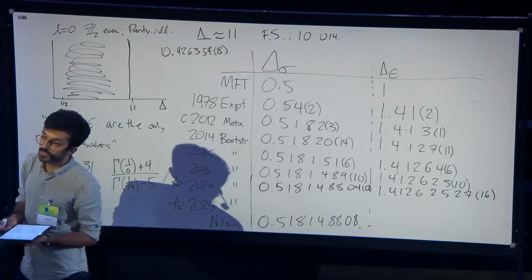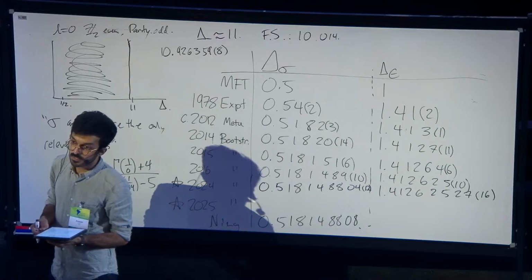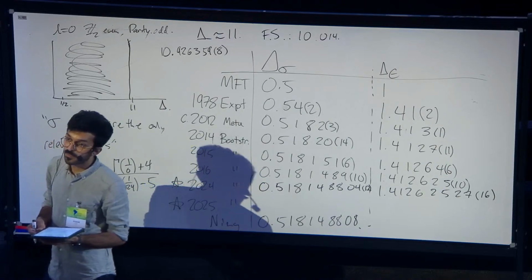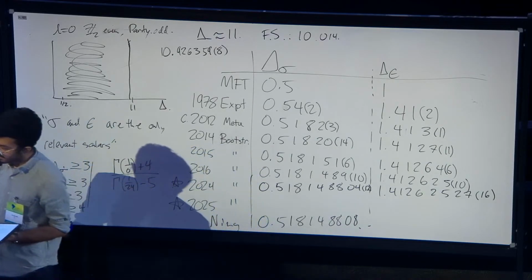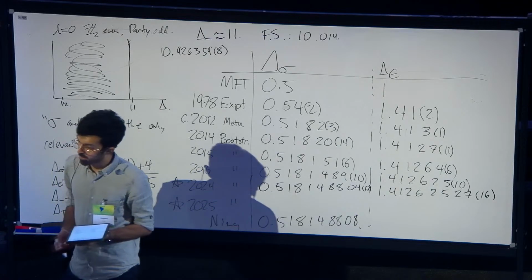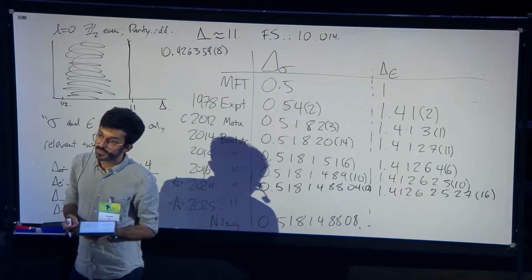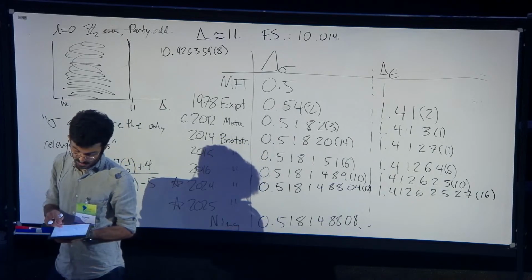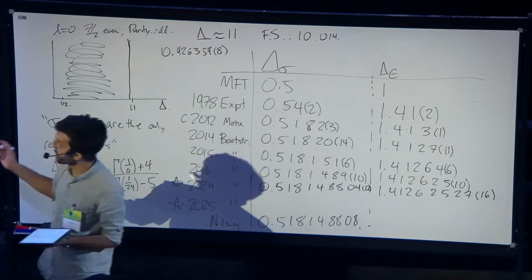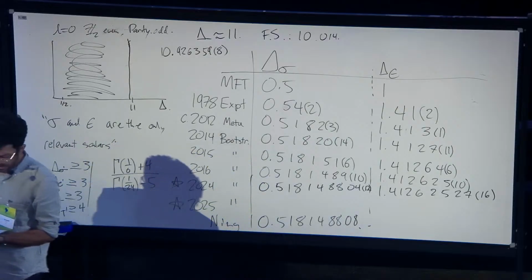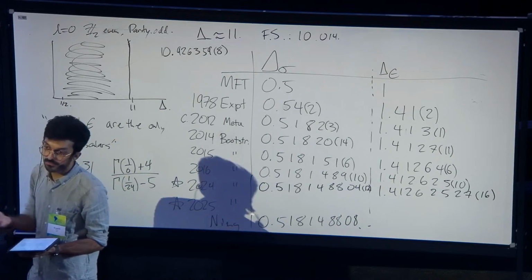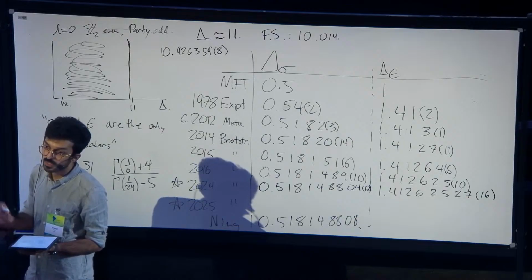No, it's just there's no tensor structure that will allow it. In the same way that just with scalars you can't access the parity odd sector, the same is true here. With the system as we have it with sigma, epsilon, and T, we can't access these few low-lying sectors.